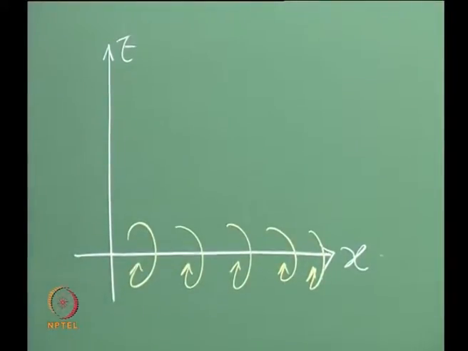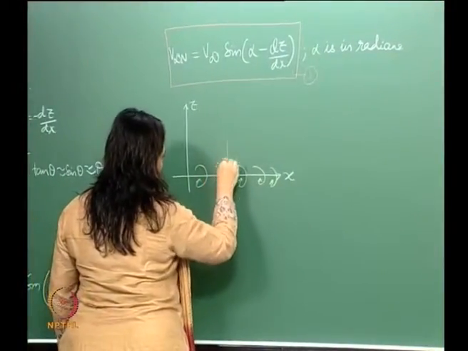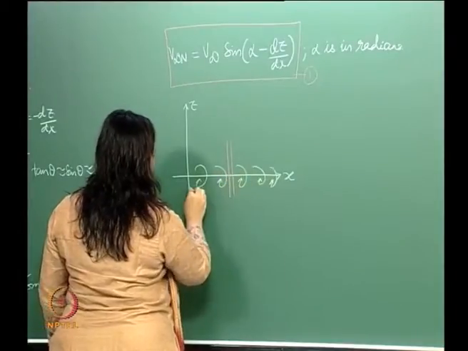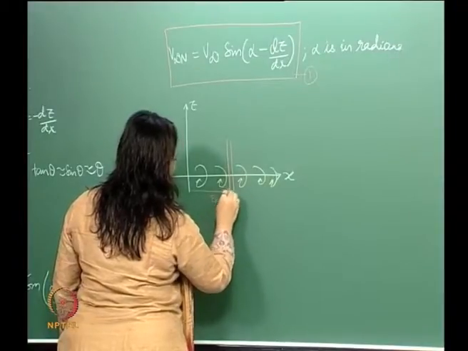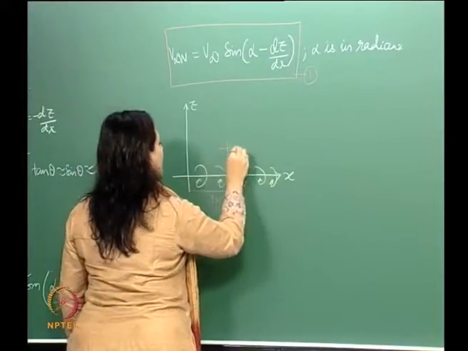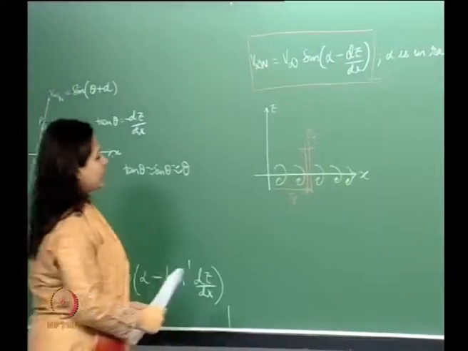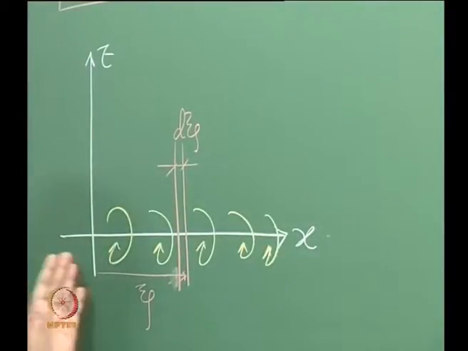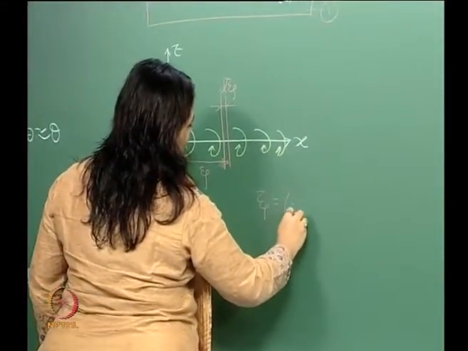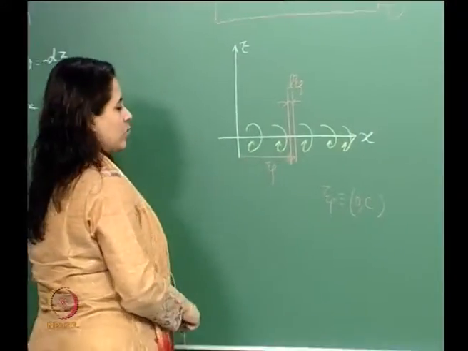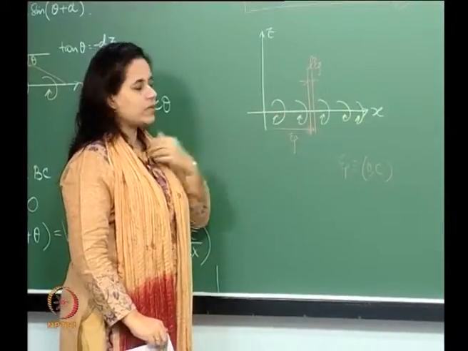Let me consider this distance to be z, and this element here to be dc. So, z goes along x, from 0 to c on the chord length. At a particular c, take a small element dc over here.